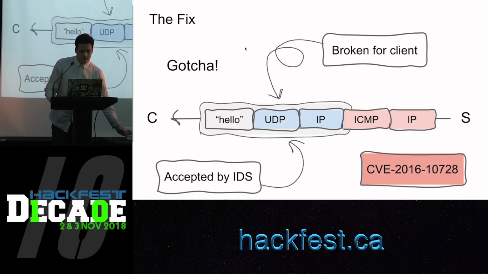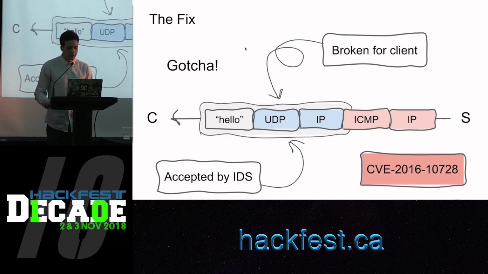What we got? Yeah, that worked. The operating system of the client didn't believe that this ICMP message was correct, and the client did accept the message we sent, I mean the UDP response. And the IDS system believed us that this ICMP message indicates that something is wrong. But as it turned out later, after the fix, the problem was in the fact that the client sent a UDP message to the server, and the server sent an ICMP message back.